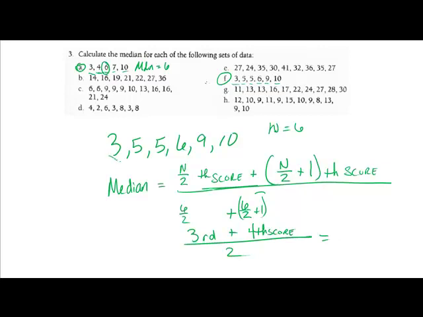The third score, 1, 2, 3, is 5. The fourth score is 6. Five plus 6 divided by 2 is 5.5. So the median is equal to 5.5.